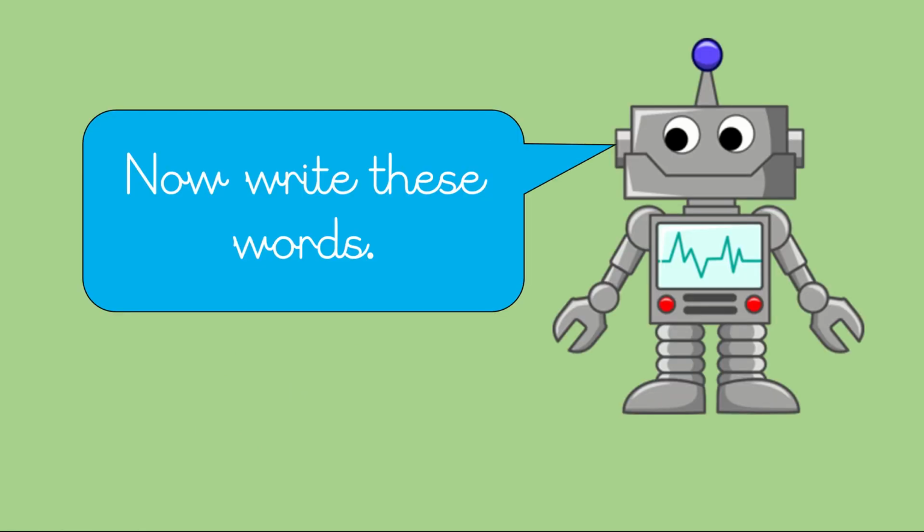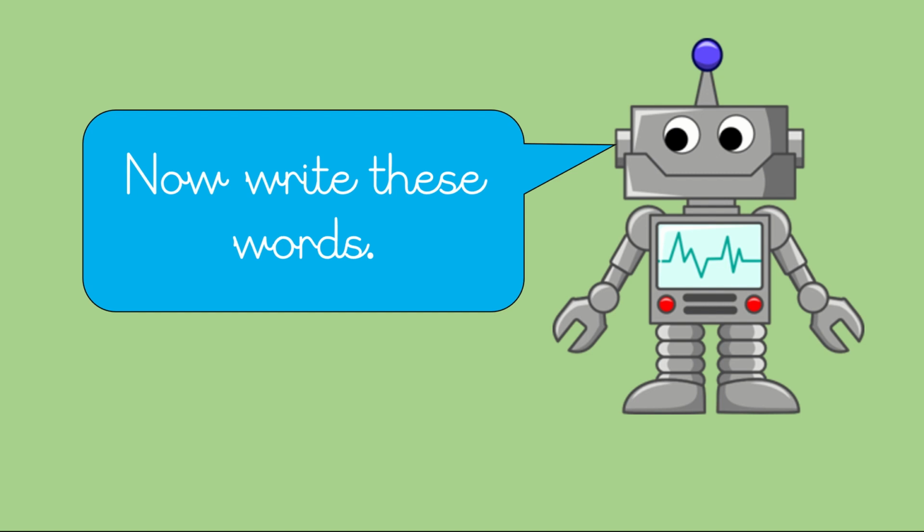So the first word I want you to write down is the word fasten. Pause the video and write that one now, and we will move on. The next word is the word other. Have a go at sounding that out, thinking of which grapheme it is, and then writing it down.